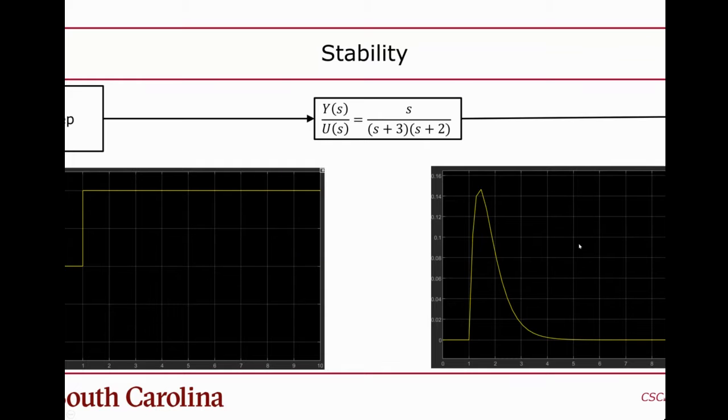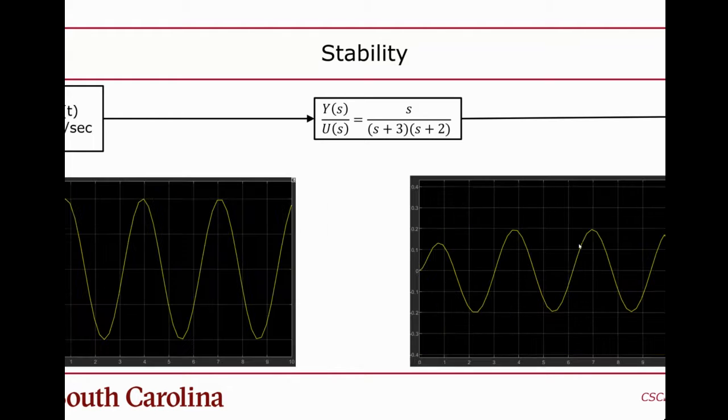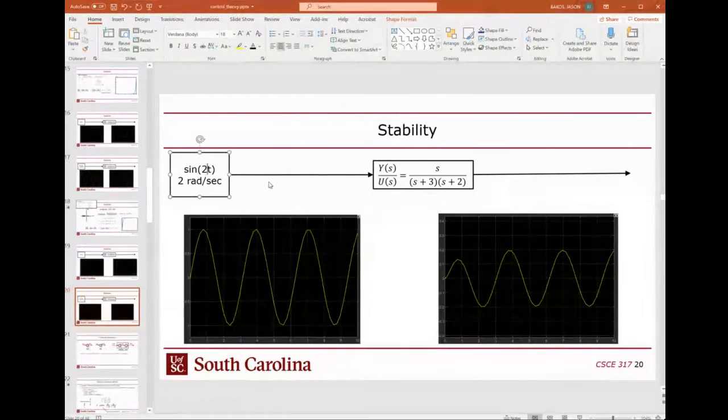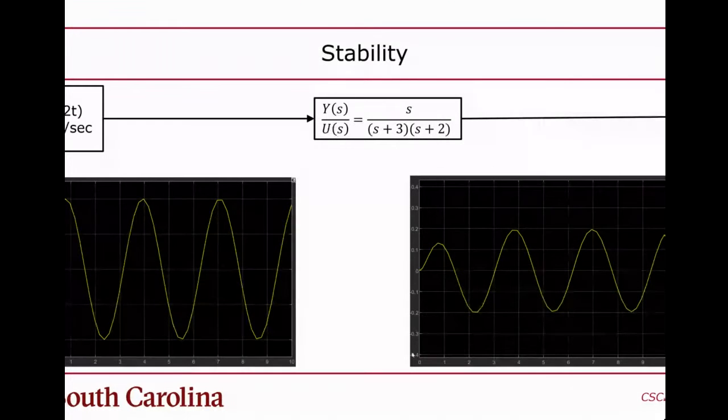So far I know that the impulse response was good, and the step response was good. And then just for the heck of it, I gave it a sinusoid too, just for good measure. That should be 2. And you can see that the sinusoid looks good.